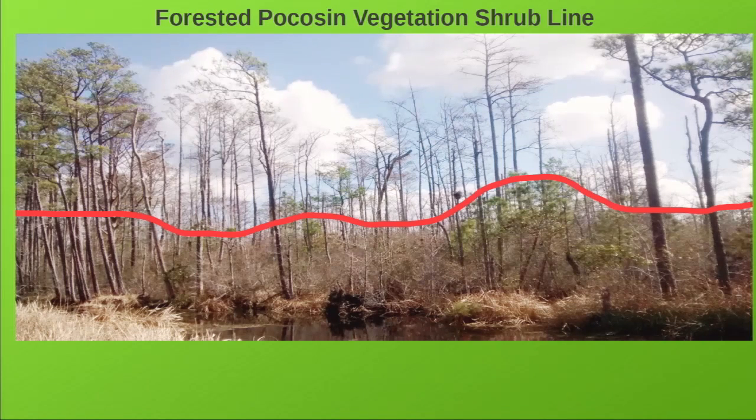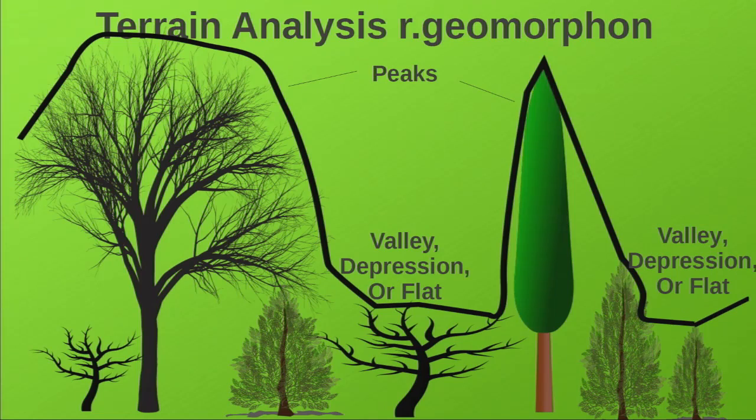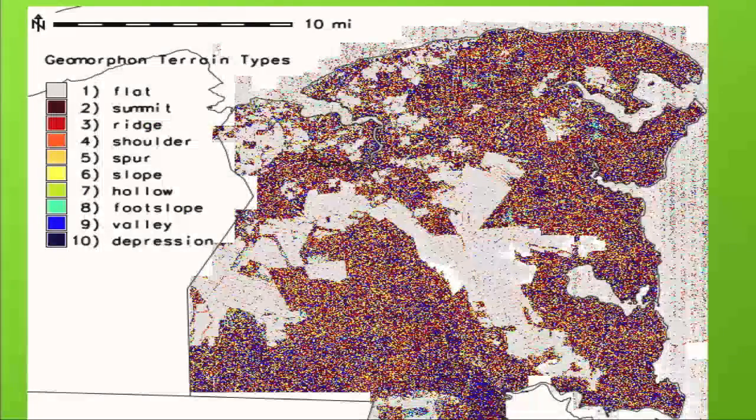You take that shrub line, you can go back and do a high-resolution digital surface model of the vegetation in that area, and then we'll do a geomorphon analysis to pull out the flats, depressions, and valleys. There's our geomorphon analysis for Tyrrell County.